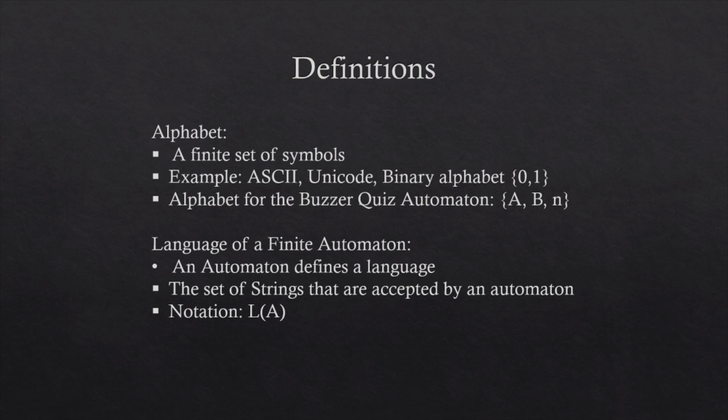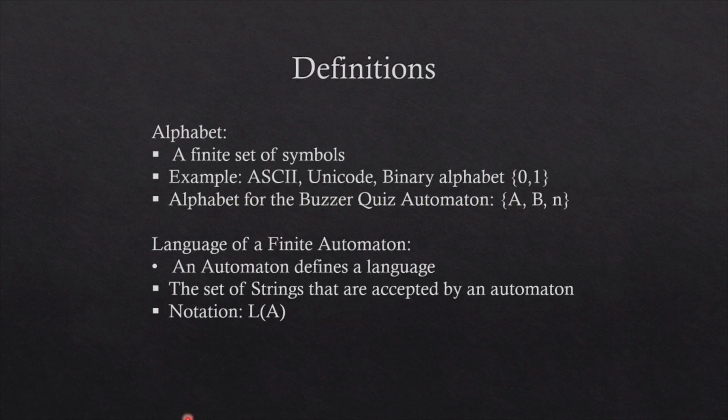We will be using the binary alphabet a lot in this course. But it's important to remember that an alphabet can be a set of any number and type of symbols. It is, however, a finite set. In our previous buzzer quiz example, the alphabet that we worked with contained A, B, and N.